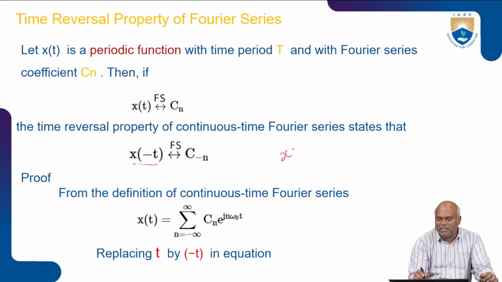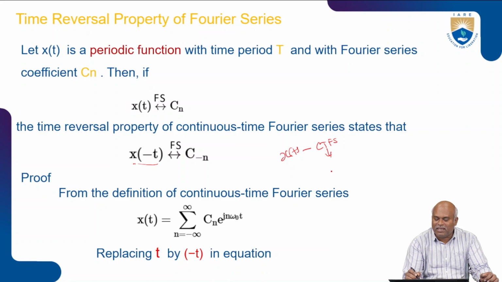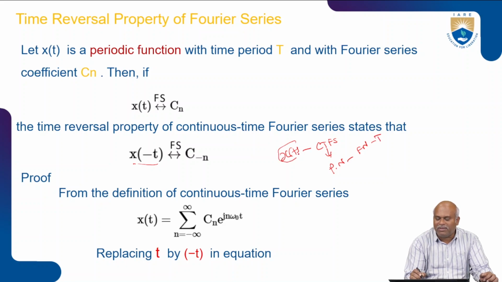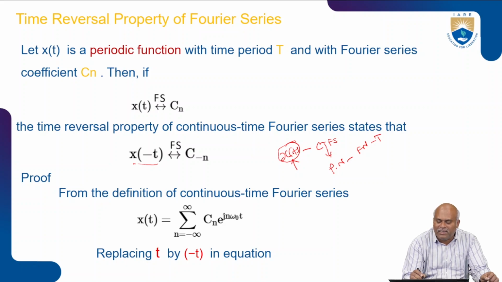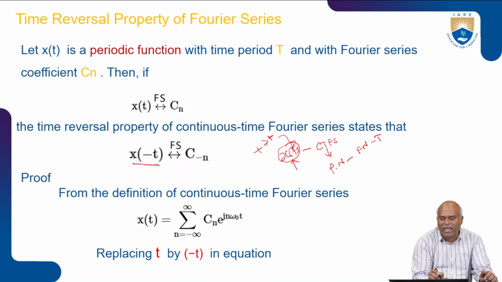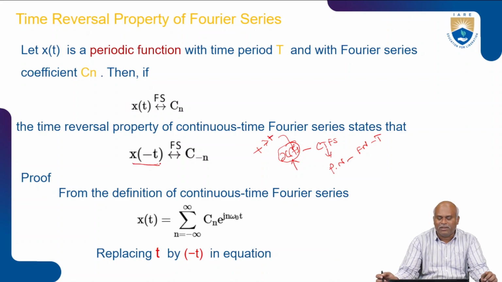So, x of t is represented as a continuous time Fourier signal that has a periodic nature. The fundamental period is represented as a capital letter T. Now, what am I doing? We take this t and reverse it, that is plus to minus. If we make it minus, we get x of minus t.